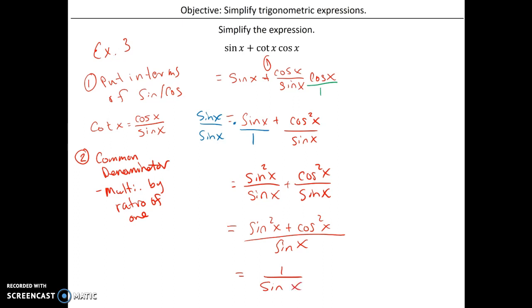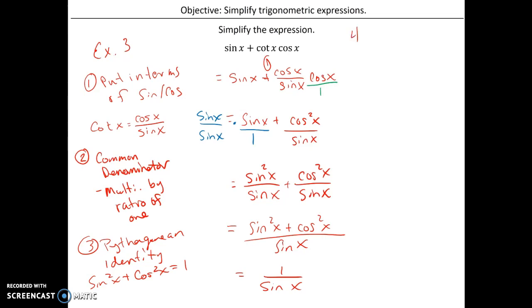And if you're asking what happened to the numerator, this is our Pythagorean identity: sine squared x plus cosine squared x is equal to 1. So I have simplified this down to 1 over sine x, but I'm not done.